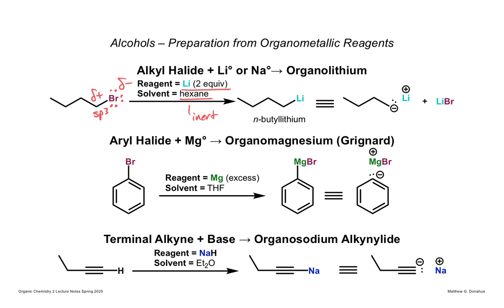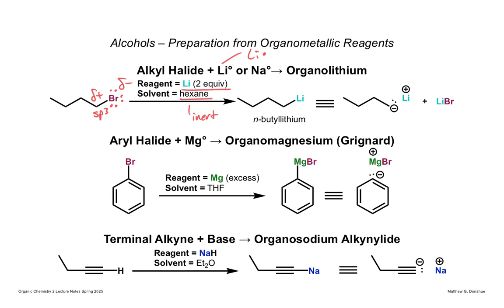So what's happening is this lithium 0, that just means lithium has that valence electron. It's giving it up. And the reason you need two equivalents of it or an excess is so you can invert the polarity of the bond.